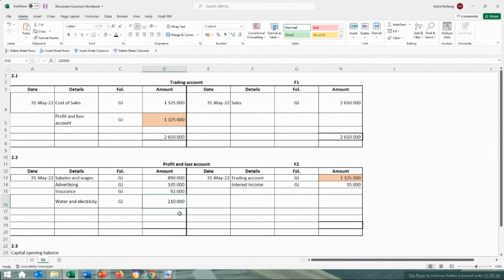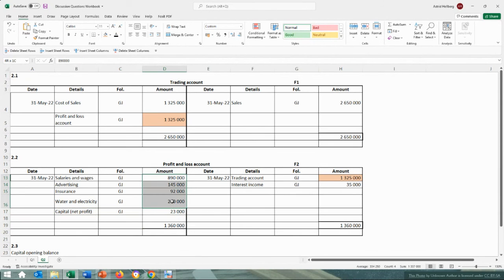What we have to do now is see which side is the bigger one of the two. We can see that the credit side is bigger than the debit side because of the gross profit that was transferred over. So we add it all together to get to 1.36 million, and we then do the same on the left-hand side, and then we balance that amount to get the net profit that's going to the capital account of 23,000.